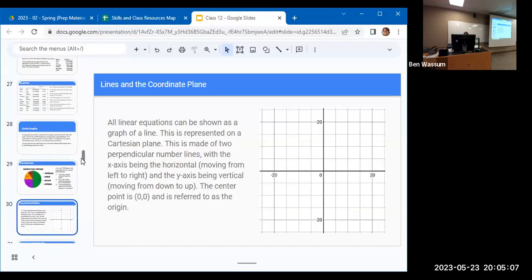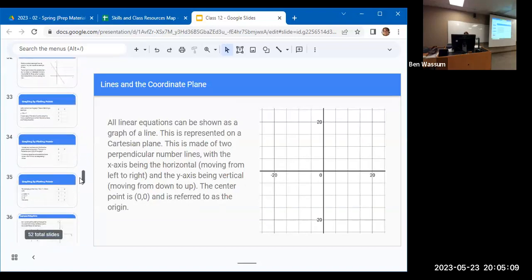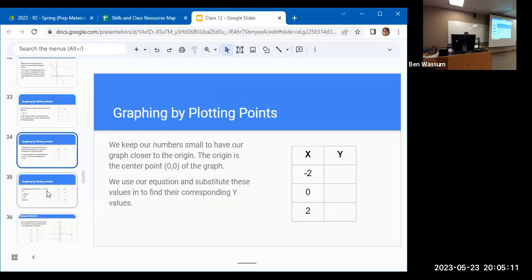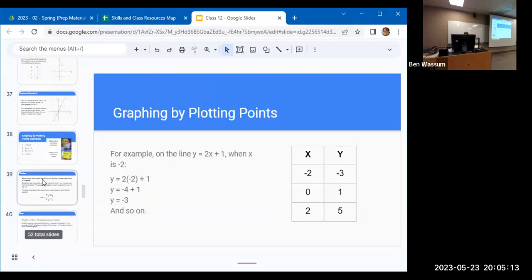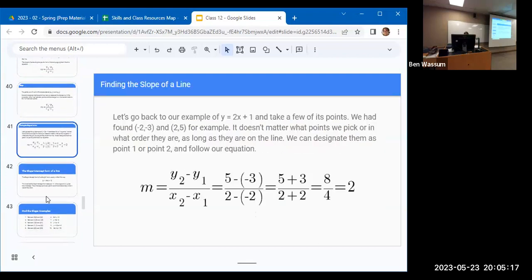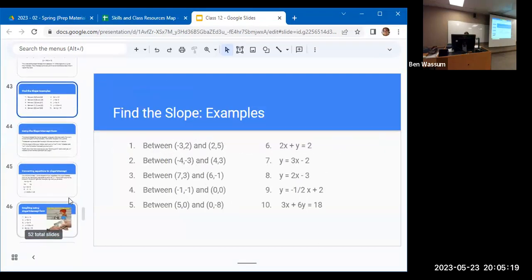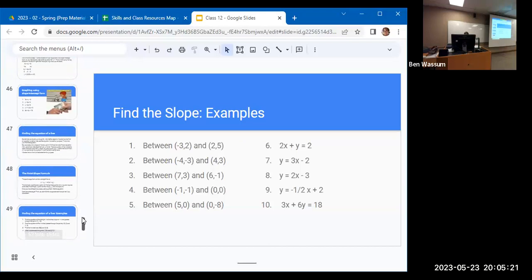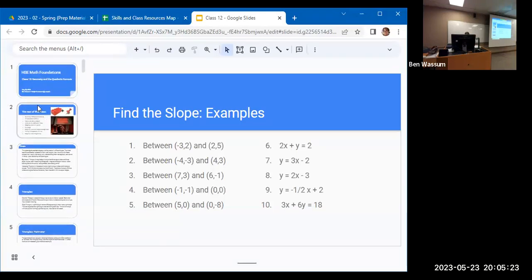I want to get into lines. As much of the next class as I can is going to be graphing lines and doing formulas for lines. And then the class will be over. We have one more class after this. That is it.